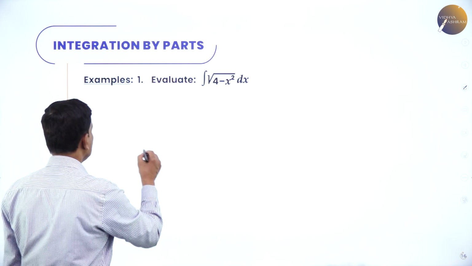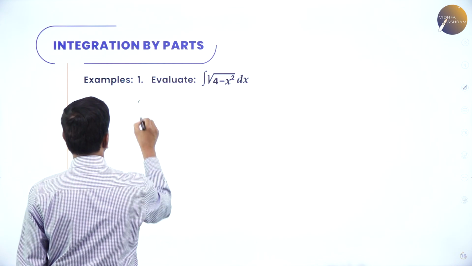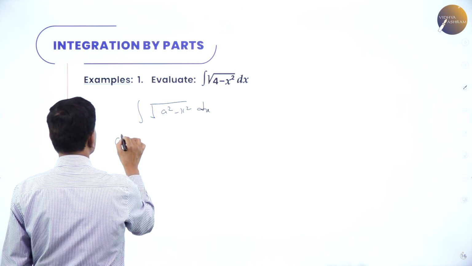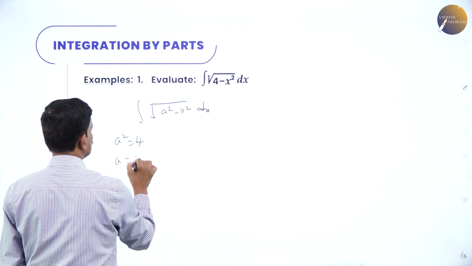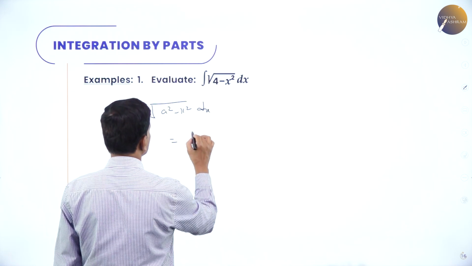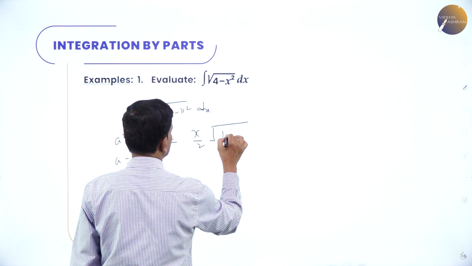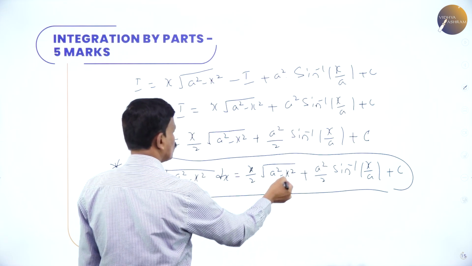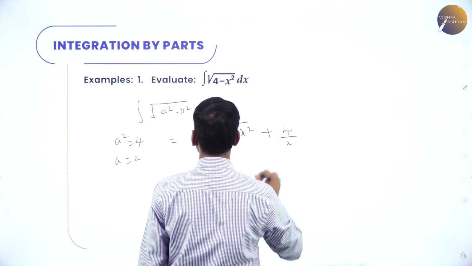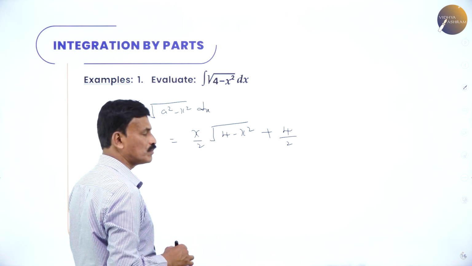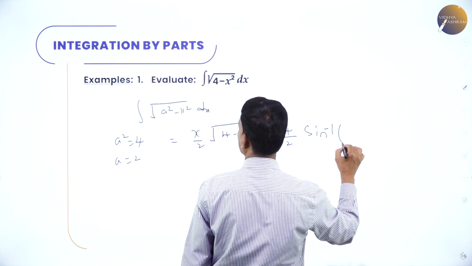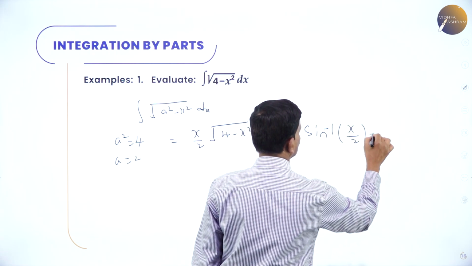Evaluate. If you observe carefully, this is of the form integral root of a square minus x square dx. What is a square? a square is equal to 4, a is equal to 2. What is the formula? x by 2 into root of a square minus x square plus a square by 2, where a square is 4, into sine inverse of x by a, x divided by 2, plus c.